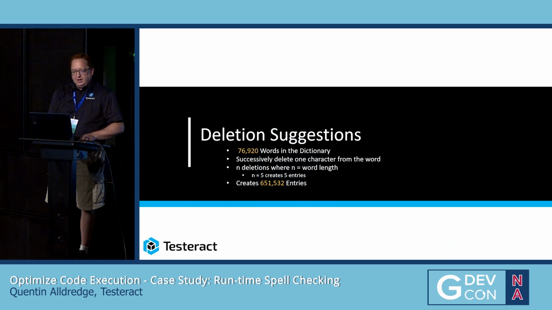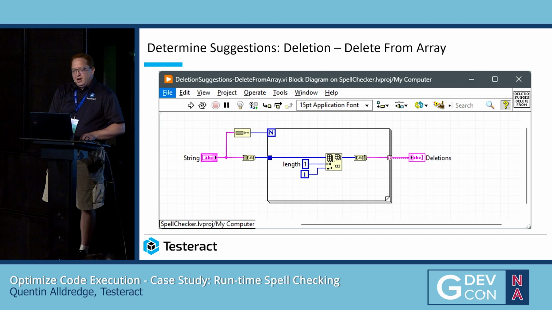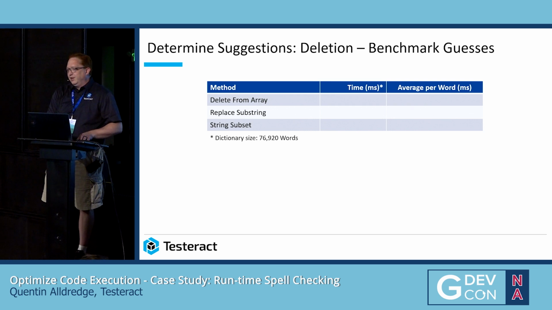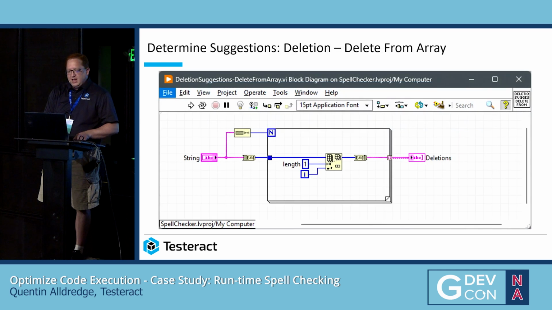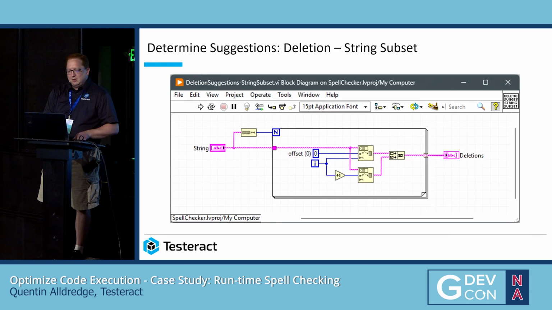Actually, this was the bonus round, so we'll just run through these. This was the deletion step, taking every string in our dictionary of 76,920 words and doing the deletion. So there's deleting from an array, replacing string subset, deletion, replace substring, string subset.